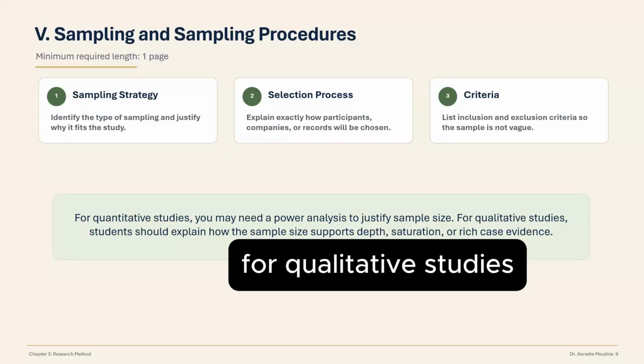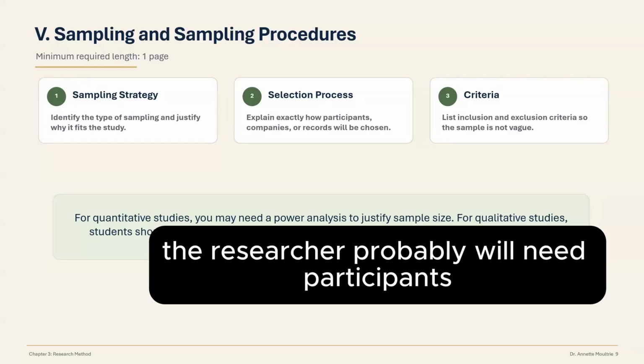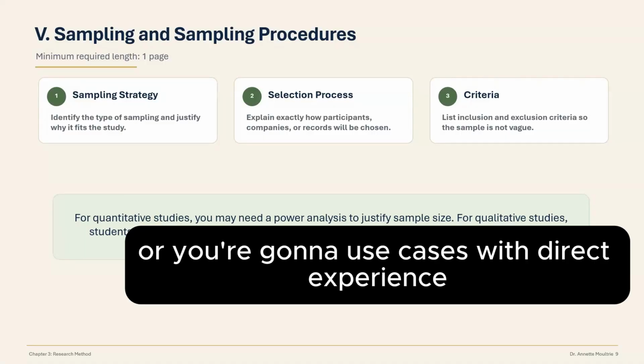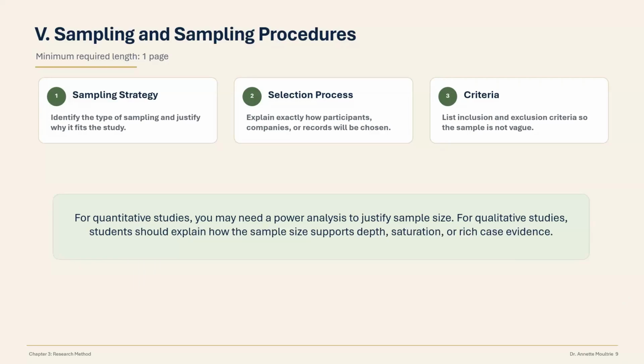For qualitative studies, purposeful or criterion sampling is common because you, the researcher, probably will need participants, or you're going to use cases with direct experience related to the topic.